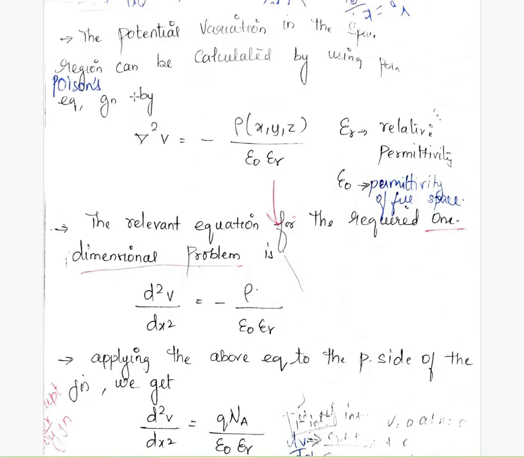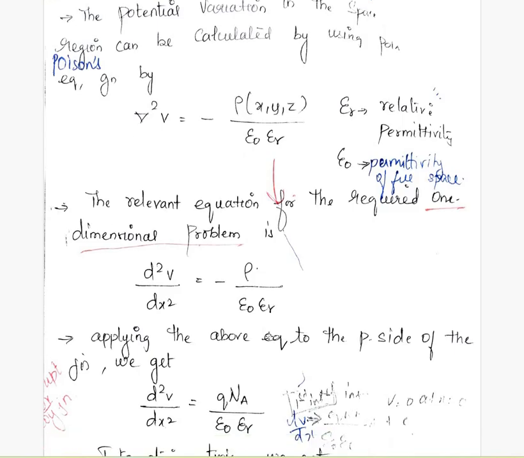So the potential variation in the space charge region can be calculated using Poisson's equation, del square V equals minus rho of xyz by epsilon naught epsilon r, where epsilon naught is the permittivity of free space and epsilon r is the relative permittivity. The relevant equation for the one-dimensional problem is d square V by dx square equals minus rho by epsilon naught epsilon r.